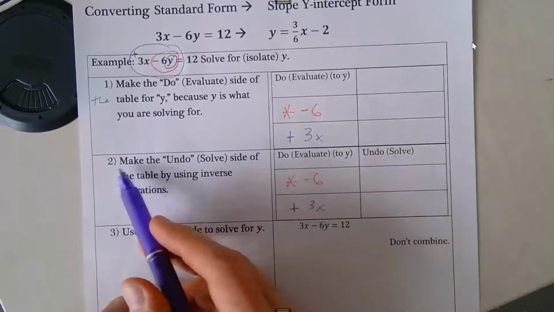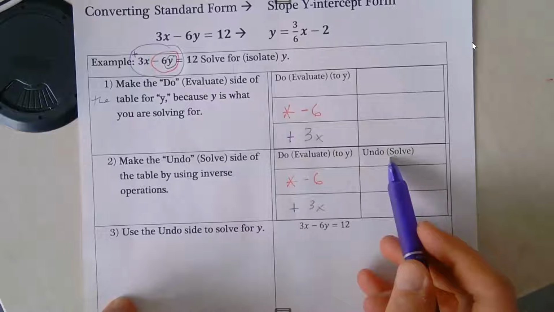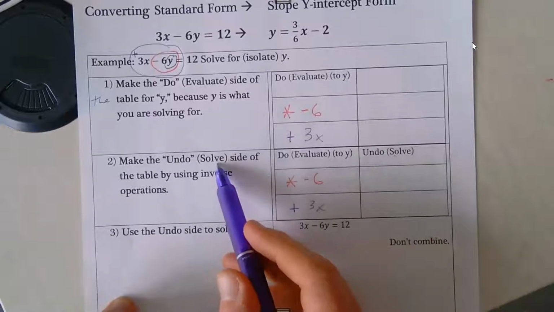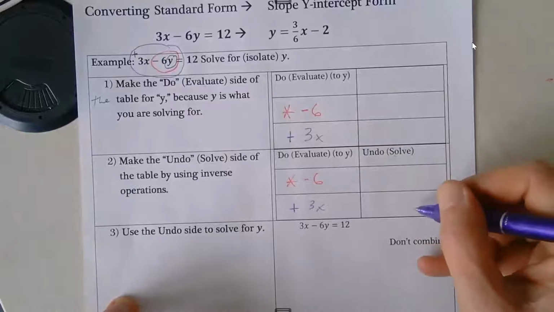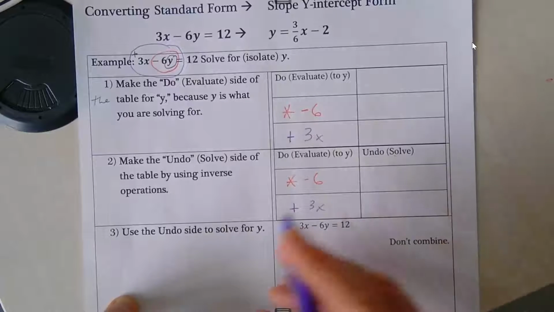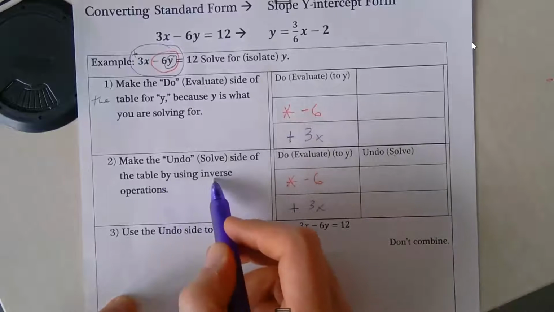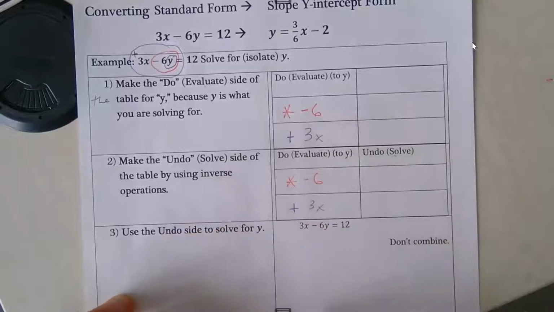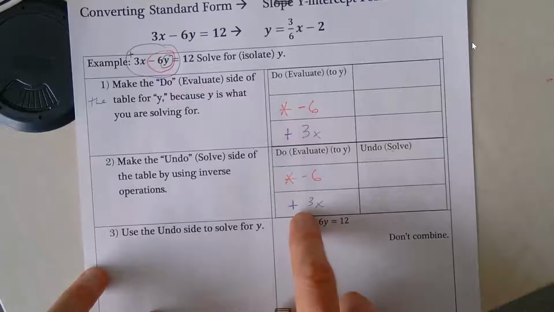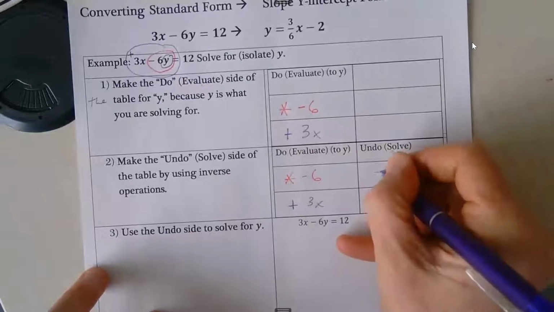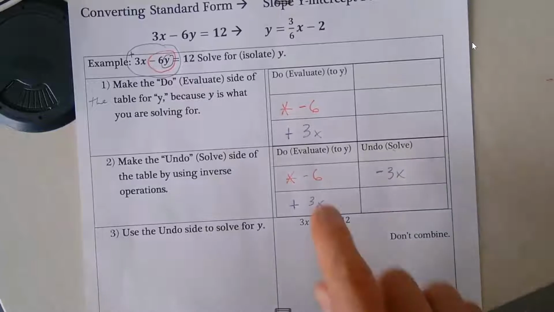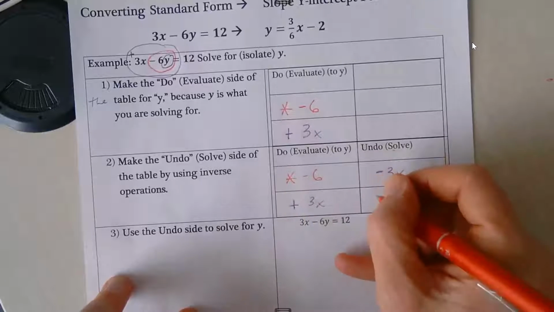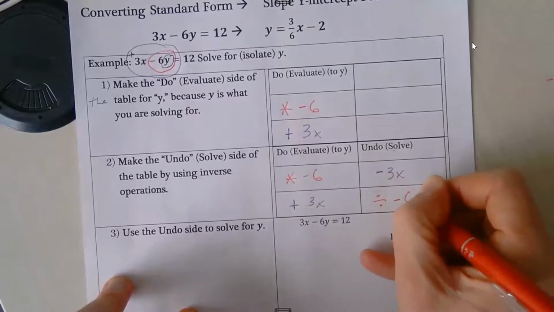Now, step two is to make the undo side, which is the solve side. This is the side we're going to use to get y by itself by using inverse operations. So the inverse of adding 3x would be to subtract 3x. And the inverse of multiplying by -6 would be to divide by -6.